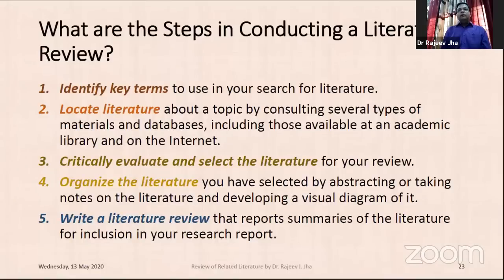Third step is critically evaluate and select the literature for your review. Fourth step is organize the literature you have selected by abstracting or taking notes on the literature and developing a visual diagram of it. Fifth step is write a literature review that reports summaries of the literature for inclusion in your research report.